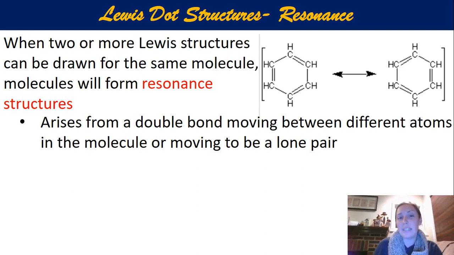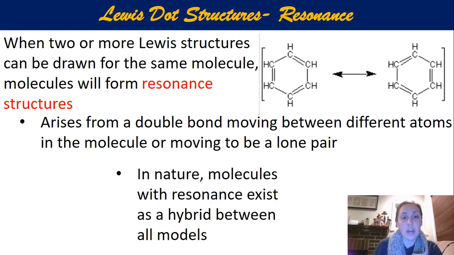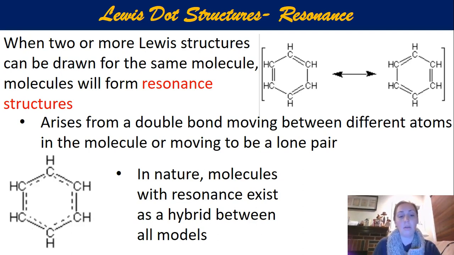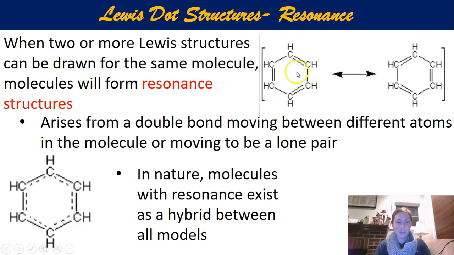So it doesn't actually stay in one place. So in nature, the molecules with resonance structures exist as a hybrid between all models. So this isn't actually what benzene ever looks like, because those double bonds are just constantly swiveling around. So we draw that as dotted lines.